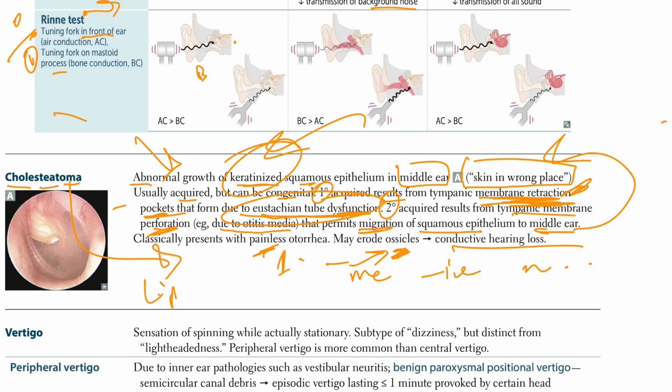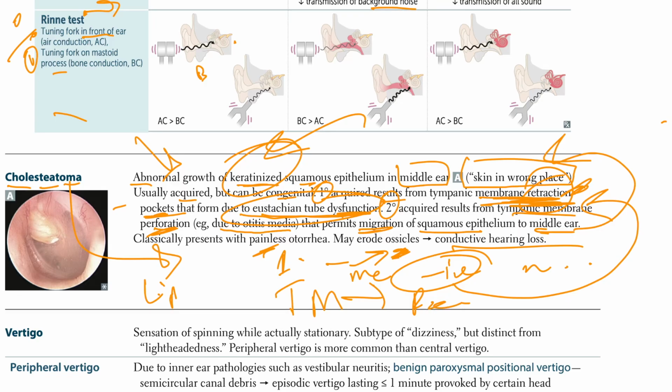This negative pressure would actually suck in the tympanic membrane, causing retraction, leading to formation of pockets. These pockets can become cystic, and squamous cell debris would accumulate there, leading to formation of this cholesteatoma.